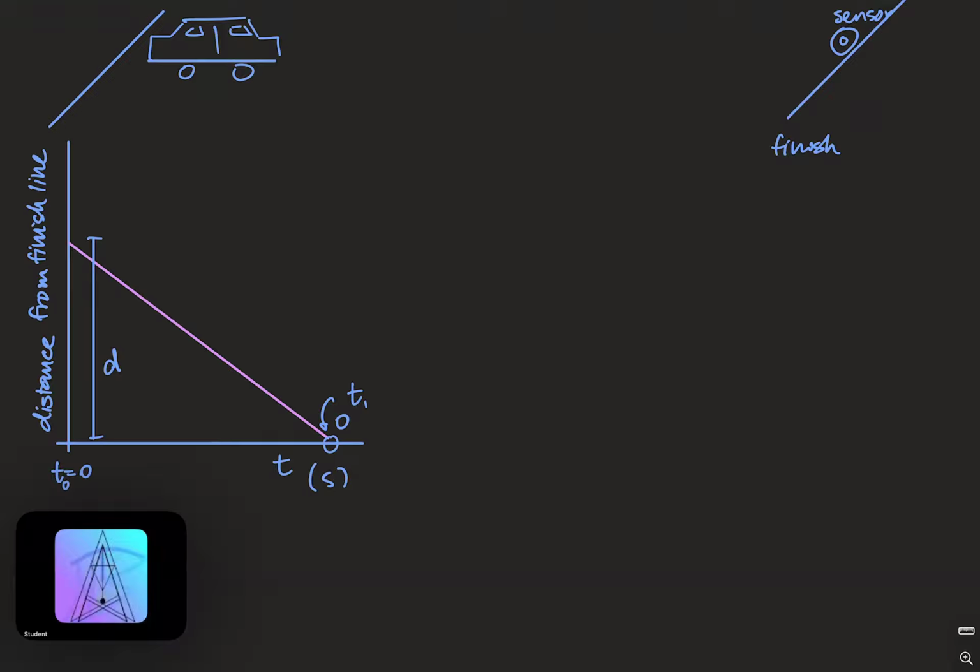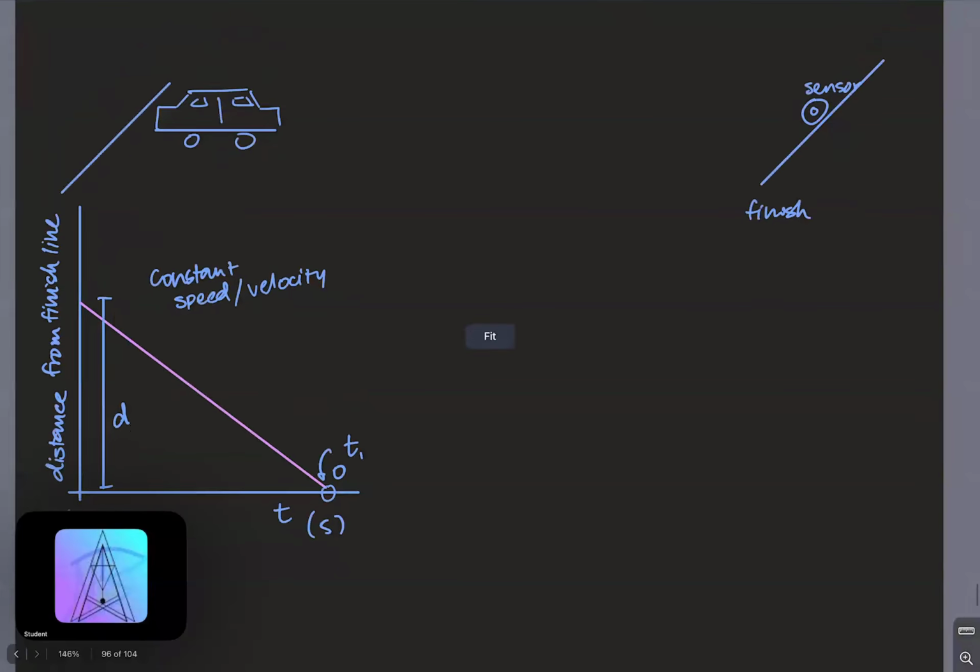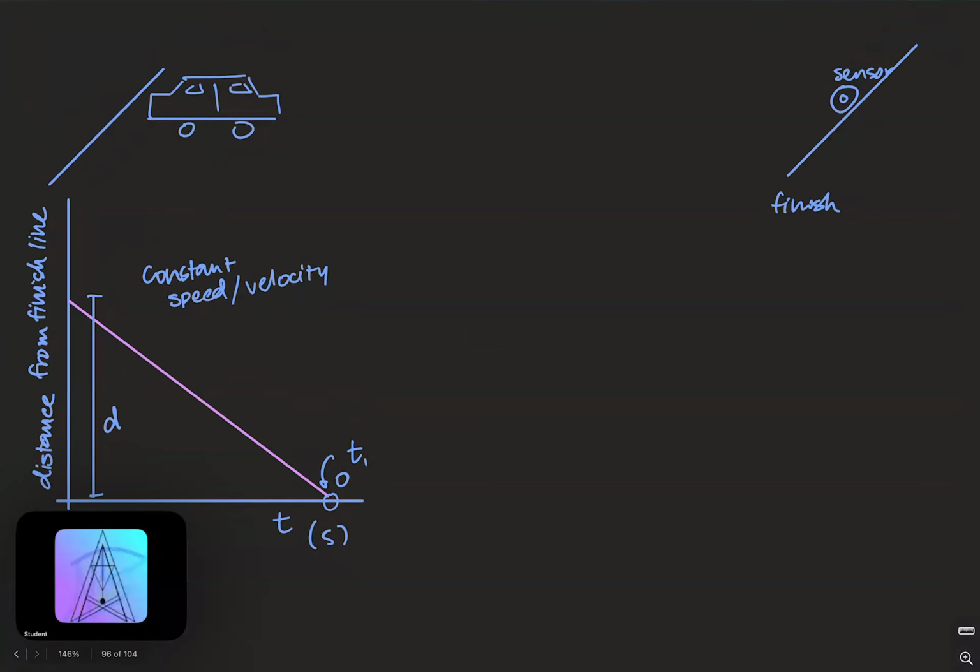So yes, pretty much what you're telling me is that it's constant velocity, right? Correct. Constant speed, and in this case also velocity, because it's not changing directions. Now, one thing we should review a little bit is the slope. If you have a distance versus time graph, the slope of this graph is going to give you velocity.